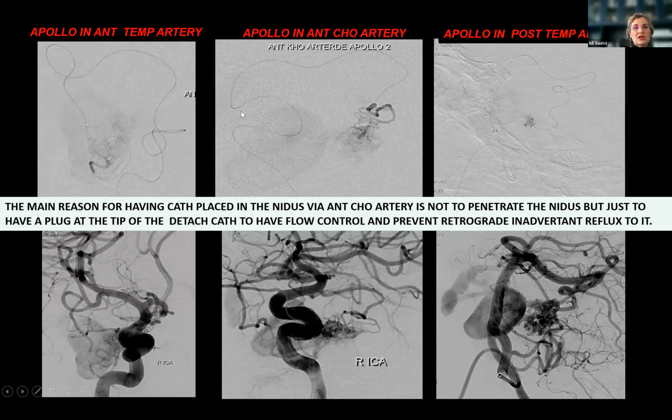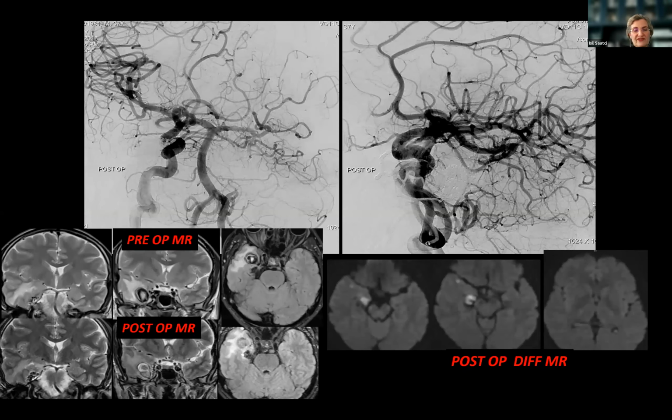And we put 3 catheters at a time, one from the temporal pedicle from the MCA, another one from the temporal pedicle of PCA, and another one from the anterior choroidal artery. Actually, that one is not only to penetrate the nidus from here, but in order to avoid inadvertent reflux to the anterior choroidal artery beyond the choroidal point, so that it could cause neurologic deficit.